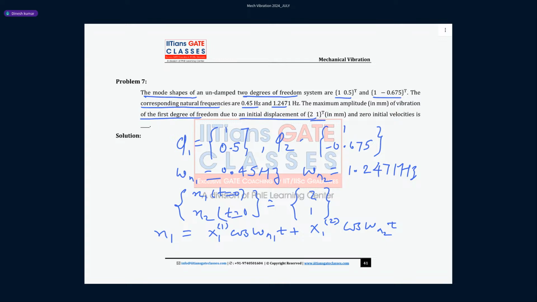So what they asked? They asked the maximum amplitude of vibration of first degree of freedom. So this is the first degree. Now when it can be maximum, guys, for zero initial velocity, this is the response for the first degree, so this is for mass 1.